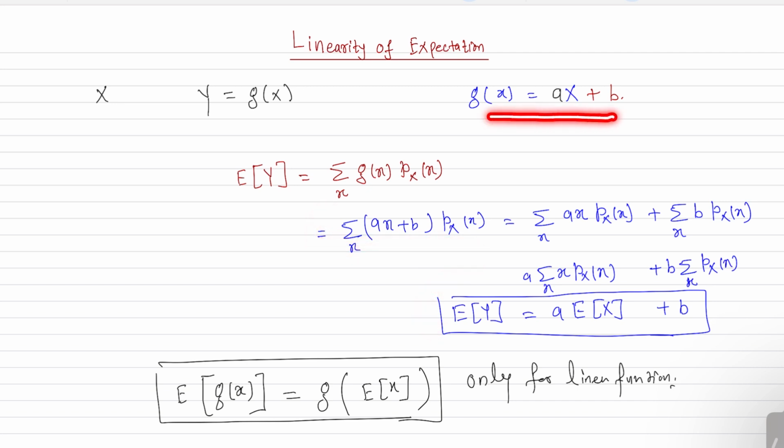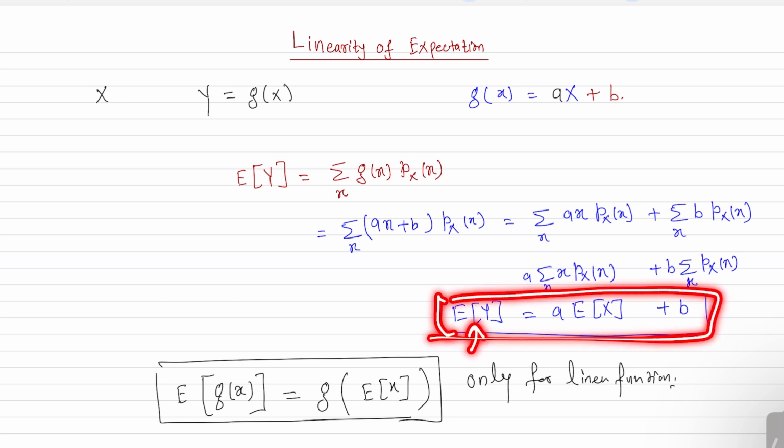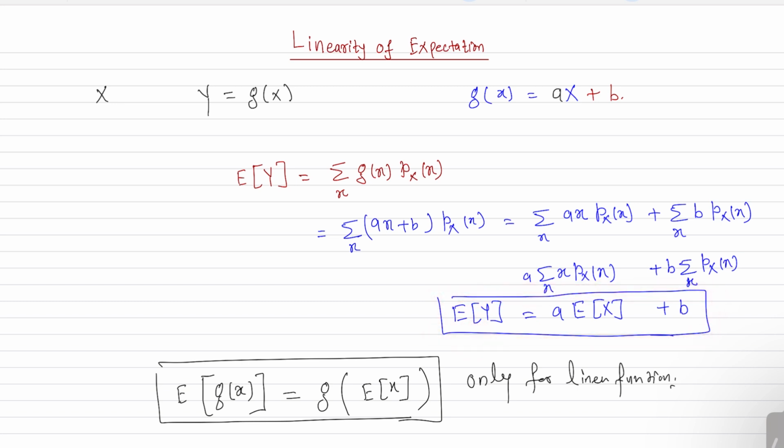You see this function is linear and it is multiplying a to the random variable x, so the expectation will also get multiplied by a, and we are adding b, so we will be adding the value b to the expectation also. This way we can find the expected value of this random variable y. So this is the linearity property of the expectation.